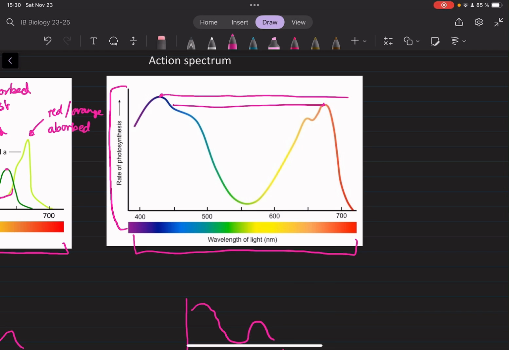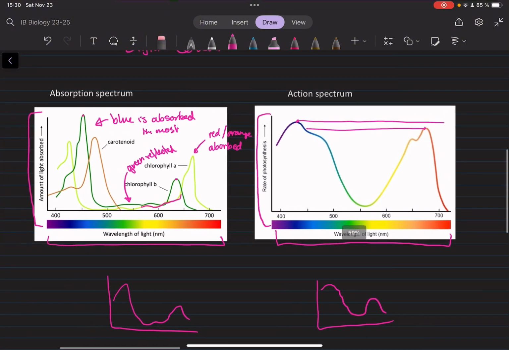It needs light to be absorbed to do photolysis. That's why the graphs are so similar: the more light is being absorbed, the higher the rate of photosynthesis can be. It's lower for green because green is reflected.